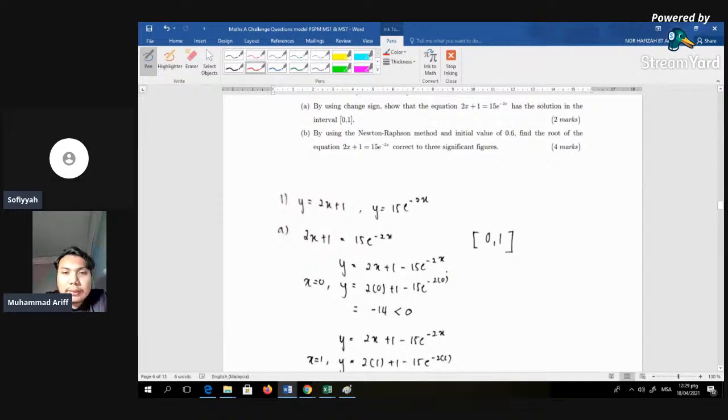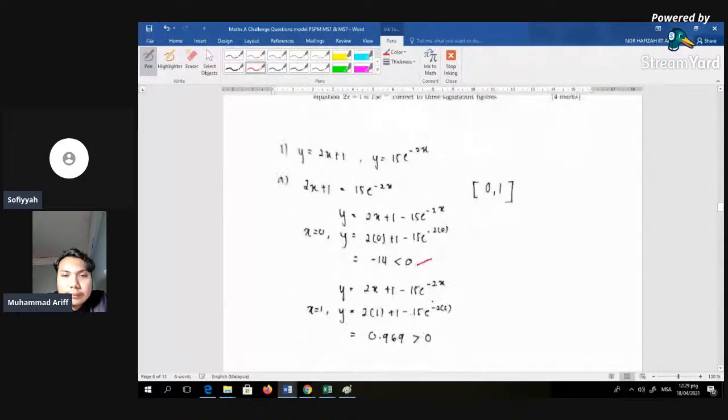Masukkan nilai kosong ke dalam X. So kita dapat jawapan negatif 14. So negatif 14 adalah kurang daripada kosong. So untuk X sama dengan 1, kita masukkan nilai 1 dalam X untuk persamaan 2X tambah 1 tolak 15 E kuasa negatif 2X. So kita dapat jawapan 0.969 lebih besar daripada kosong.